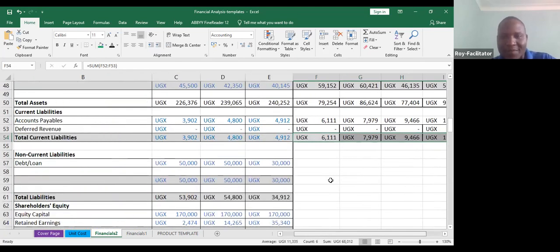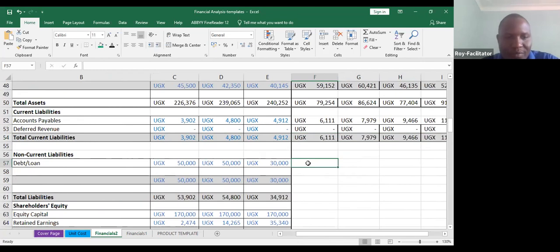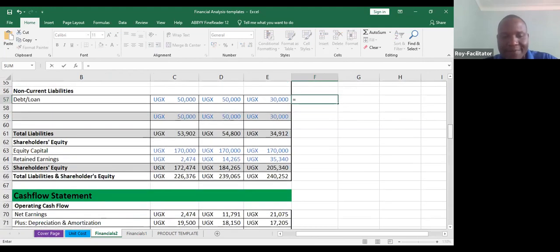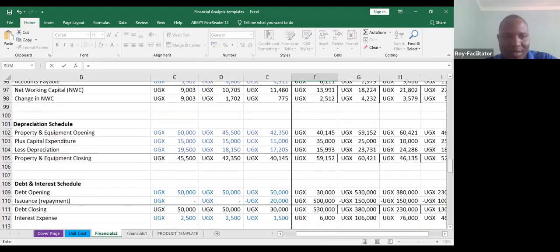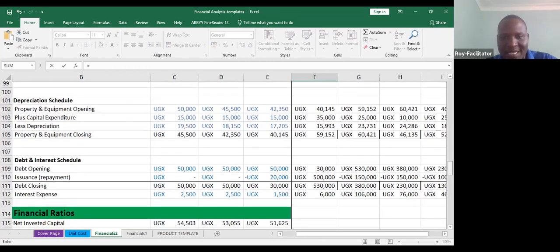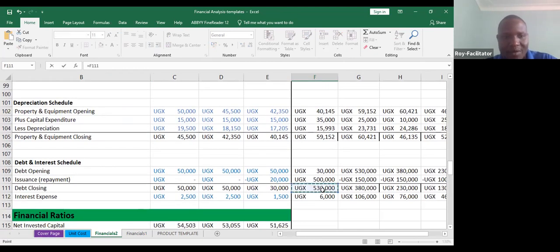Debt or loan. So the debt or loan will be equal to whatever is on the balance sheet, the debt or loan that I closed with. Remember, there's a closing debt here. So the debt that I closed with is the debt that I put there.